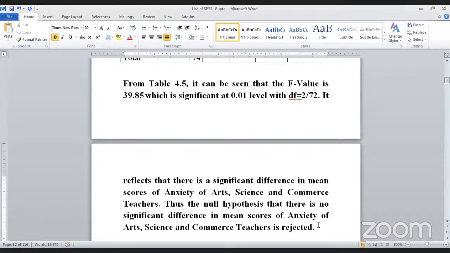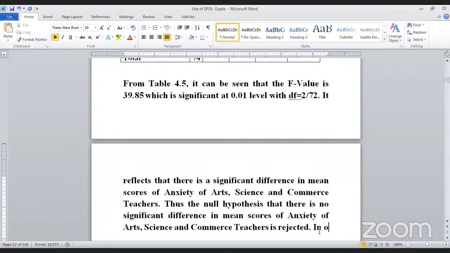Now, if your F value is significant, it will only indicate that the mean scores differ significantly or do not differ significantly. Now, because the mean scores differ significantly, then I am interested in finding out whether the mean score of anxiety of arts teachers is significantly higher than that of science and commerce teachers or not.